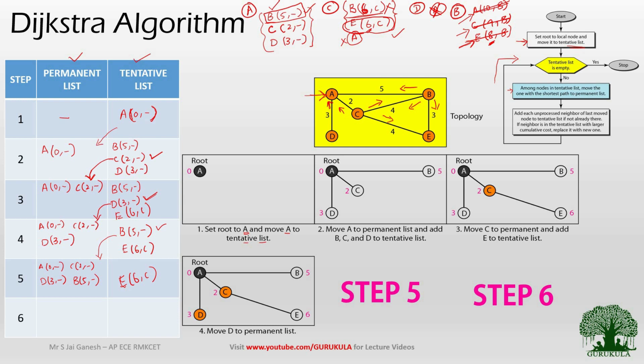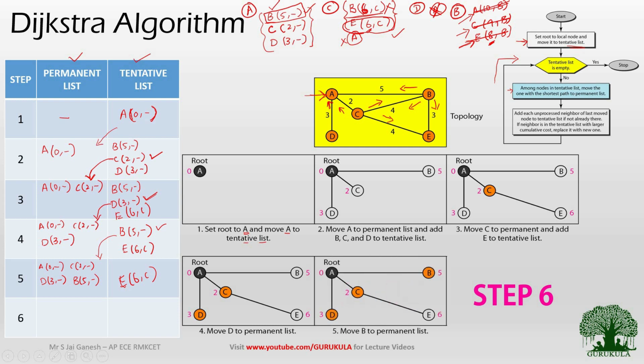Now we will be repeating the procedure again. The one and only entry we have in the tentative list is E, and we will be moving E to the permanent list. So A0 hyphen is what we already have, C2 hyphen, D3 hyphen, and B5 hyphen are what we already have.